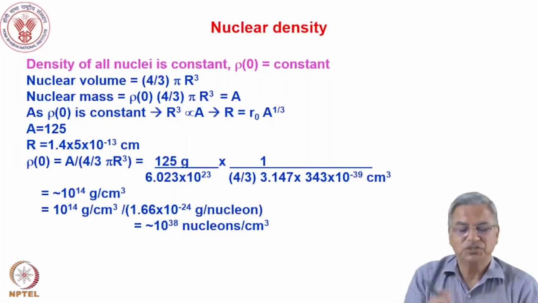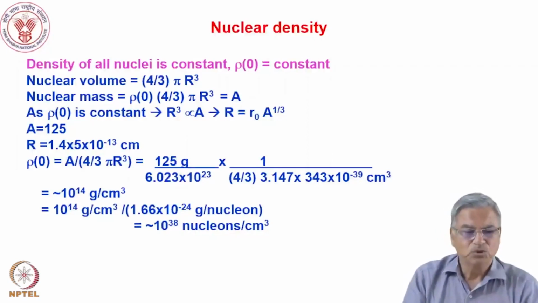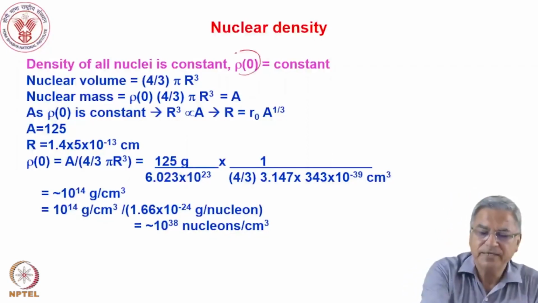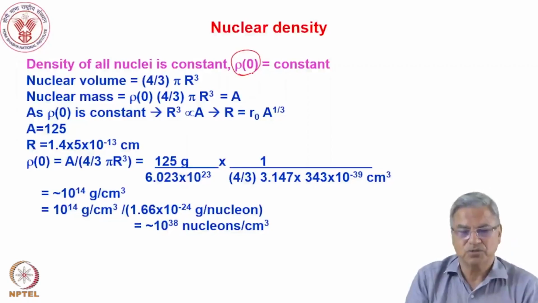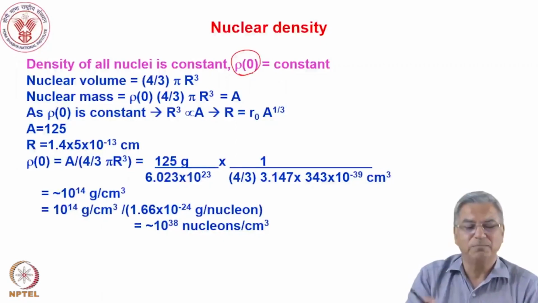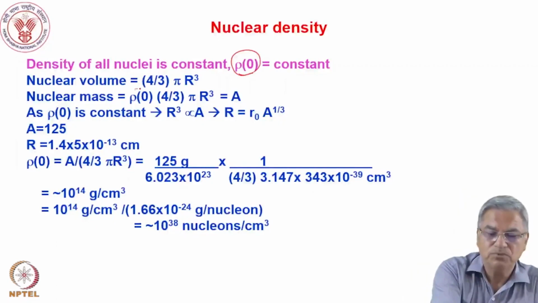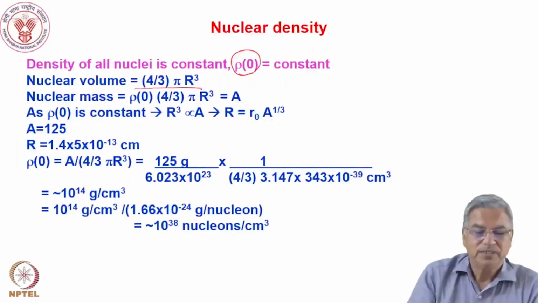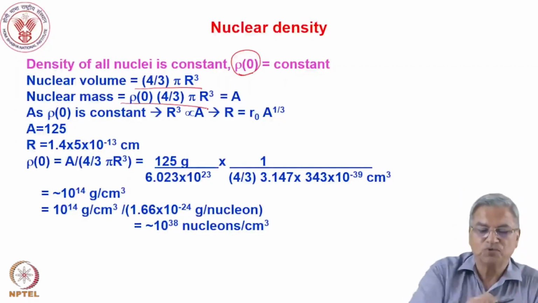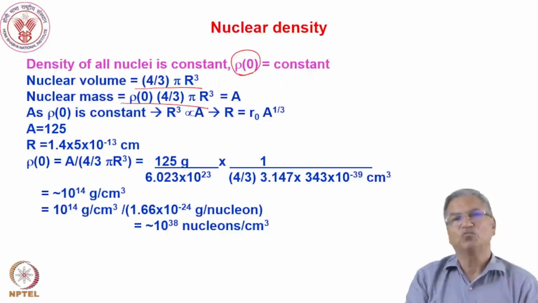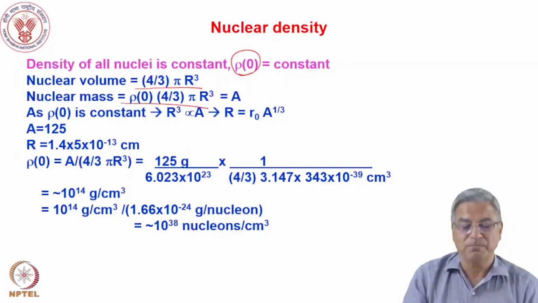Another important point we discussed is nuclear density and the scaling of the nuclear radius with the mass number. The density of all nuclei, rho 0, is constant, as we saw from the experiment of electron scattering. If the density is constant, we can relate the mass and the volume. The nuclear volume is 4 by 3 pi r cube, and the nuclear mass will be the density into the volume, and this is proportional to the mass number.